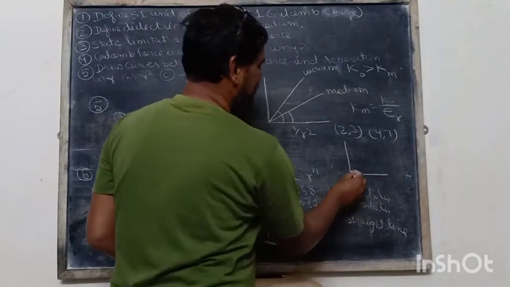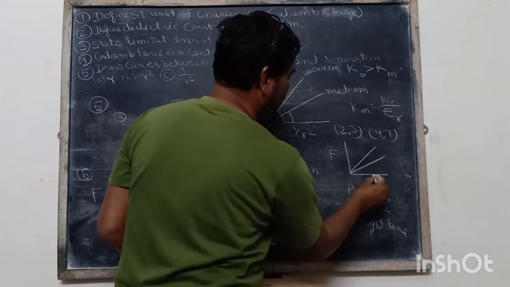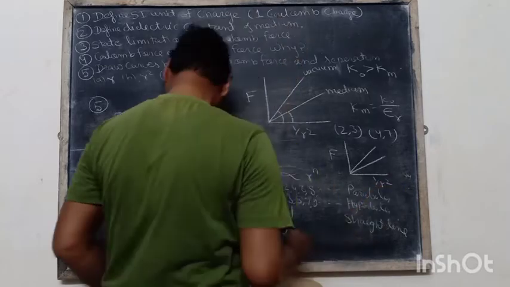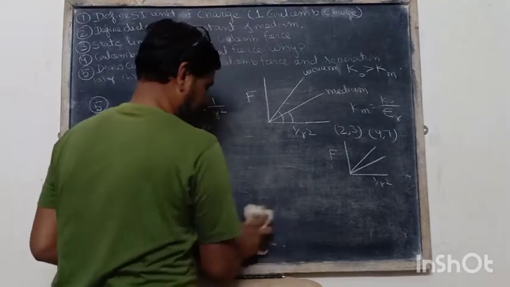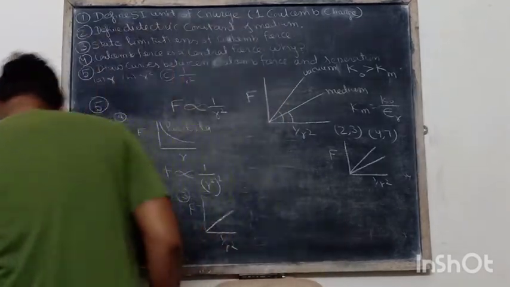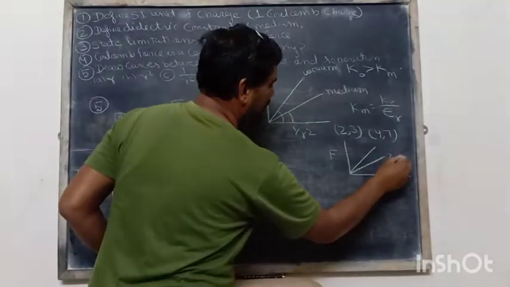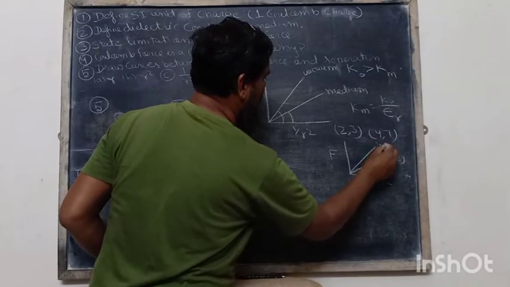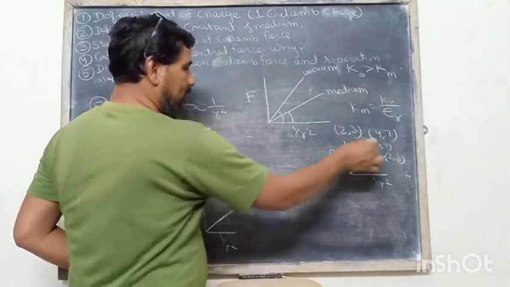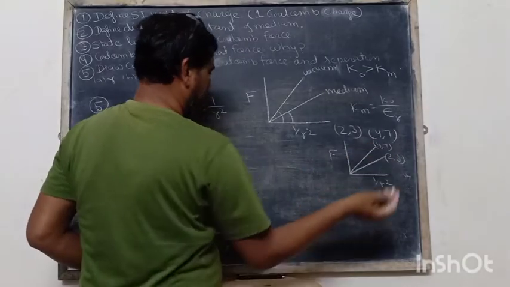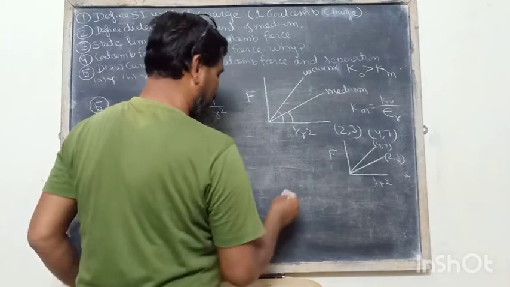This is also F and 1 upon R square, and this is for 2 and 3 charges, and this is for 4 and 7 charges. This is for the case where both the charges are positive. If we consider negative charges, then the shape of the curve will also be the same.